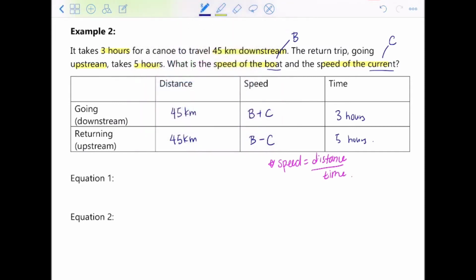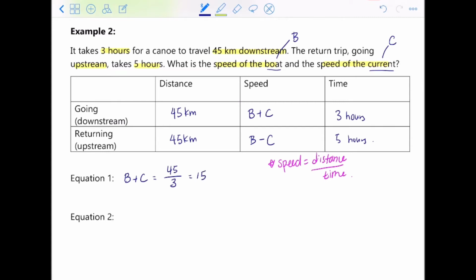For the first equation, let's say we're going downstream, speed is b plus c. The distance is 45, and the time it takes is 3 hours. This is just 15.